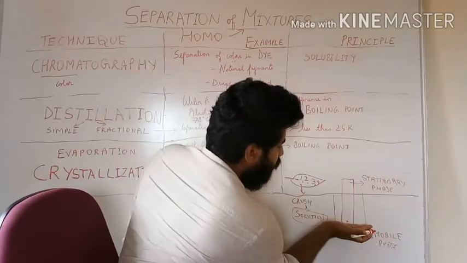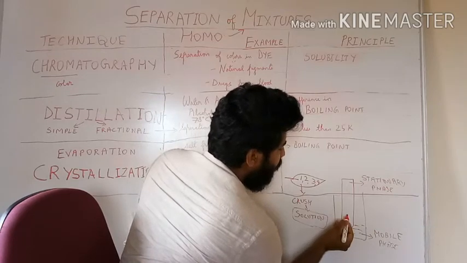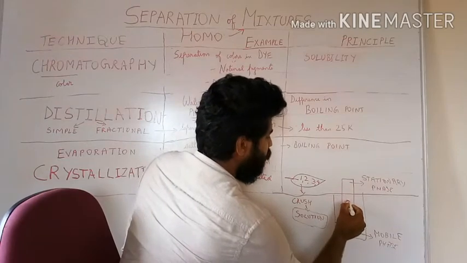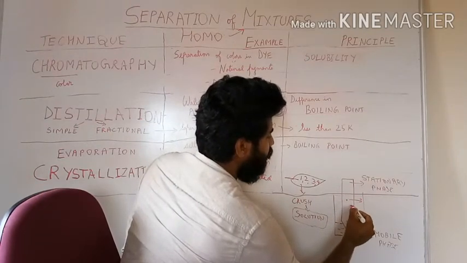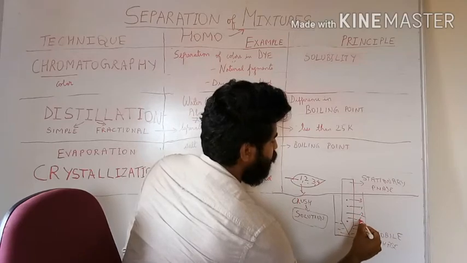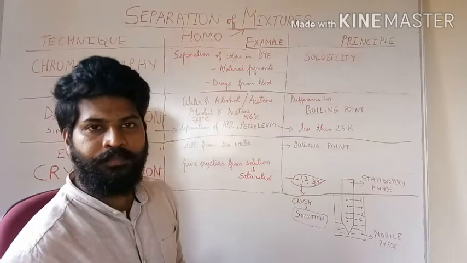So when the mobile phase starts rising up, it will separate the components like this. Let us say this is component number 3, this is component 1, this is component 2, and this is component 4. We get 4 spots.